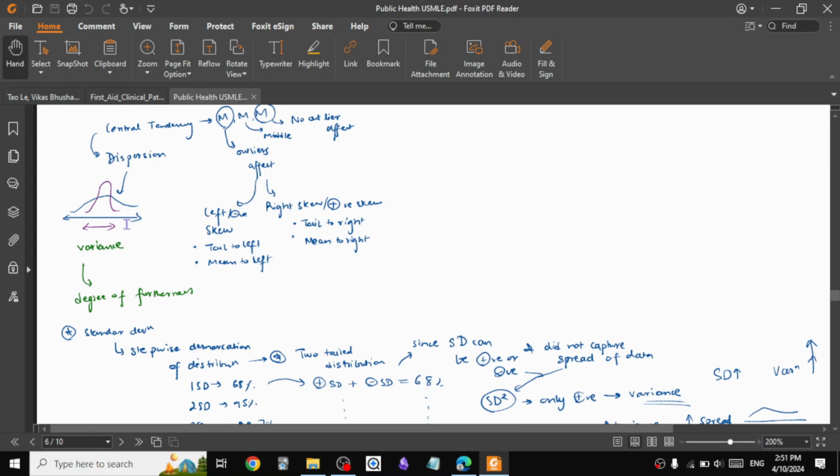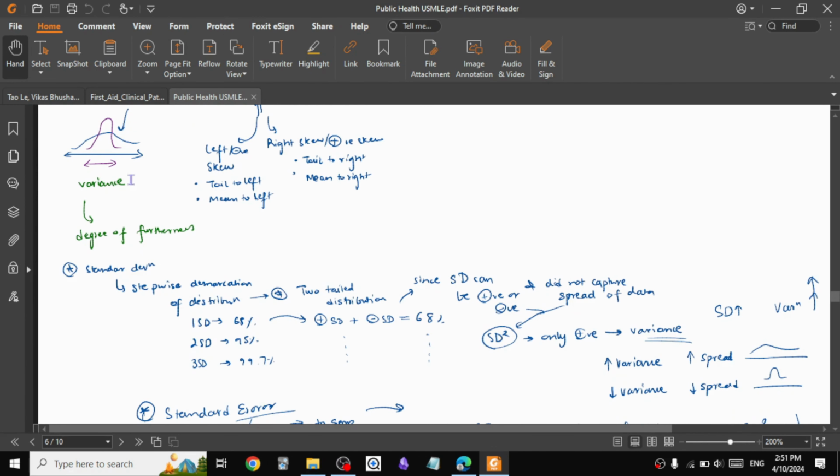The variance is basically the degree of furtherness, or the degree of variability of the data. What's good for us is to have a well-shaped, nice distribution of data, which means low variance, because high variance means the data is spread far apart and is not following the normal distribution. So this is variance.